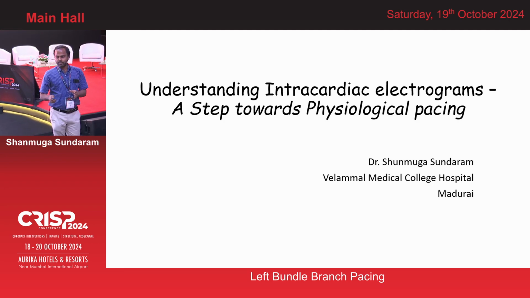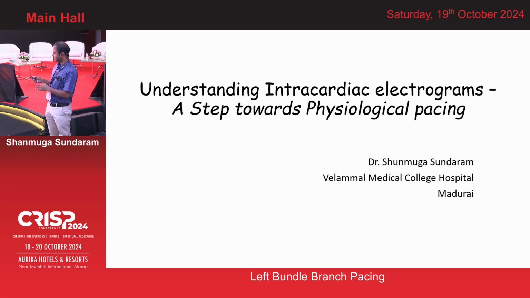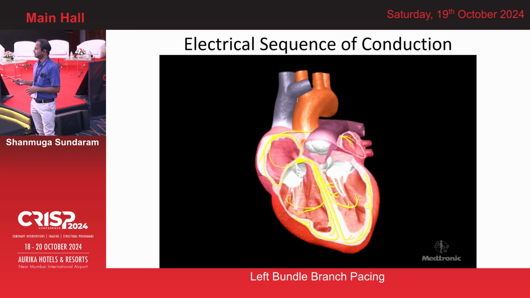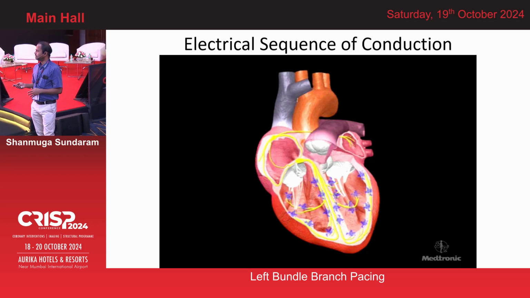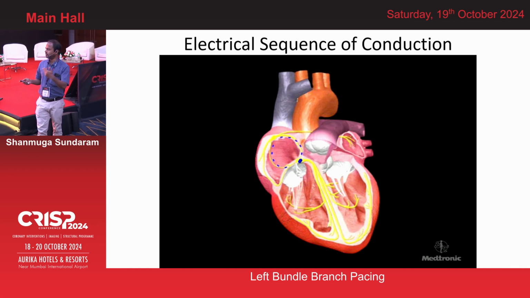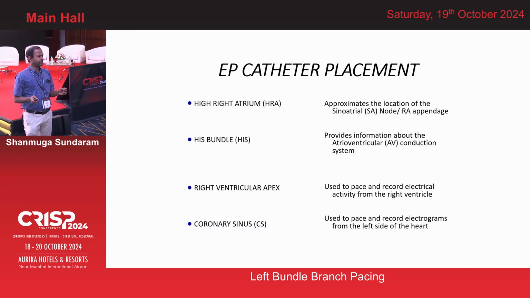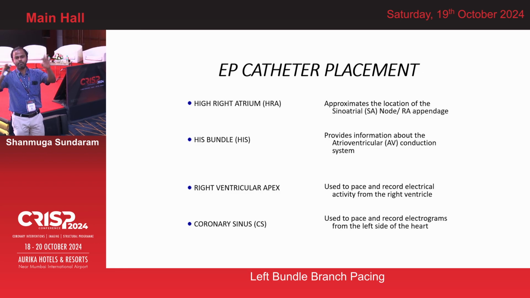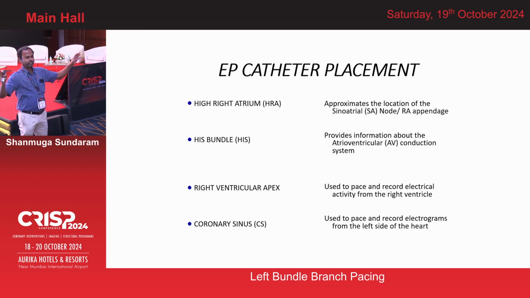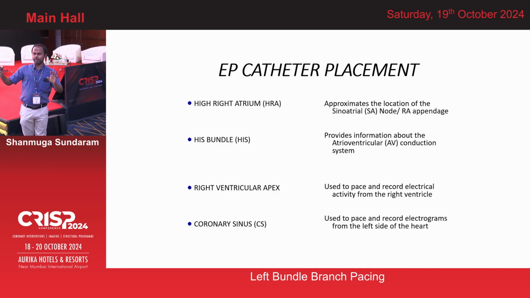So I'll just try to simplify the electrophysiological aspects of conduction system pacing. So this is how the impulse spreads. It starts from the SA node that we have learned, and in an EP procedure, we need to put multiple catheters at multiple sites. It's a very simple thing when you understand the concept. So we will be measuring the electrical impulse at 4 or 5 different sites and see which comes early.